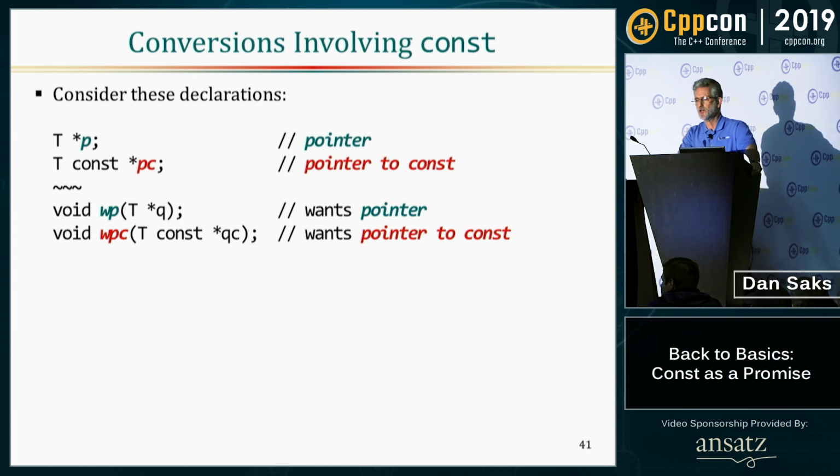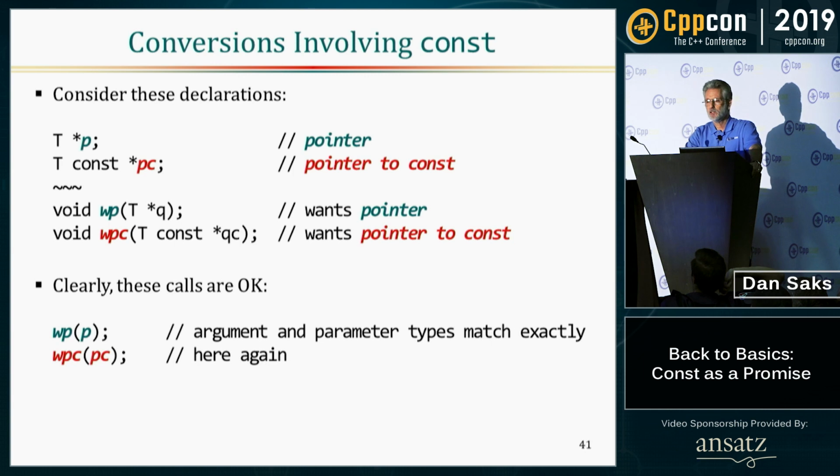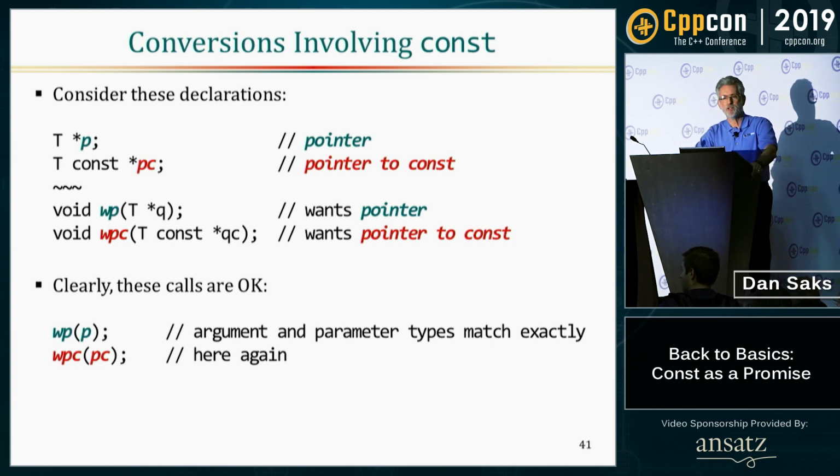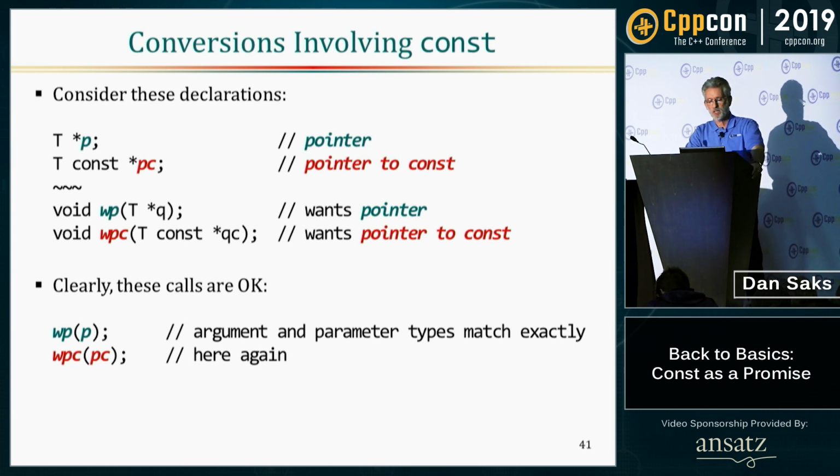And we have two functions, WP, which is short for wants pointer, and WPC, which wants a pointer to const. Now clearly, these are going to be okay, because if you have a function that wants a pointer and you give it a pointer with no constness in the equation, that's going to work. And if you have a function that wants a pointer to const and you give it a pointer to const, everybody's happy.